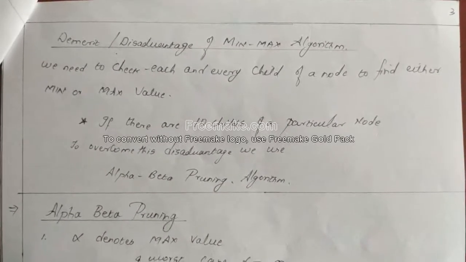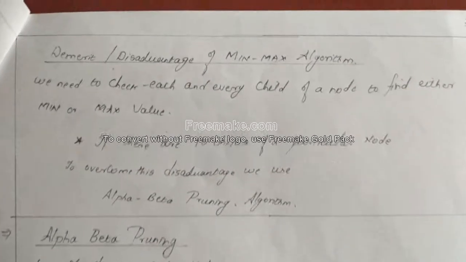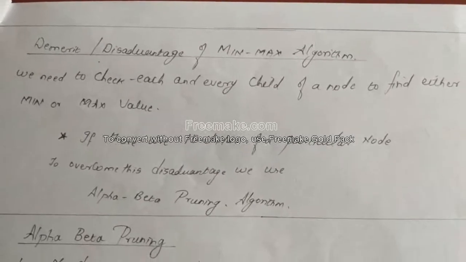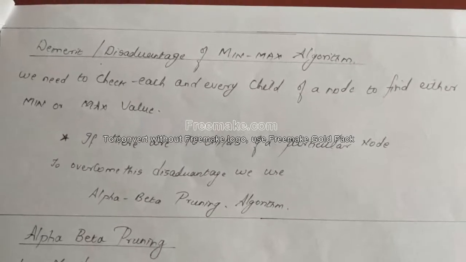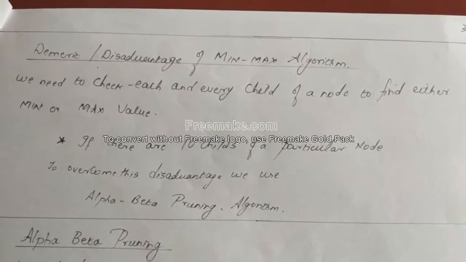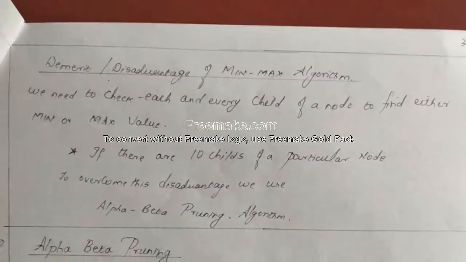But there are also some demerits or disadvantages of the min-max algorithm, which are as follows. We need to check each and every child of a node to find either the min or max value. If there are 10 children of a particular node, each has to be checked.